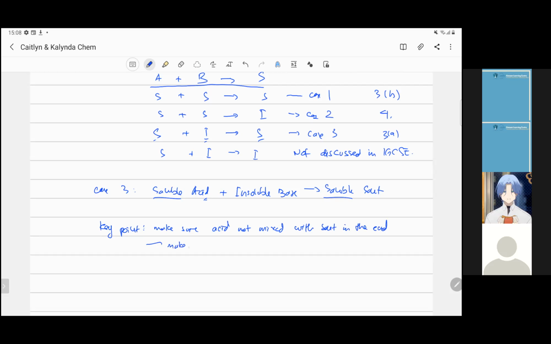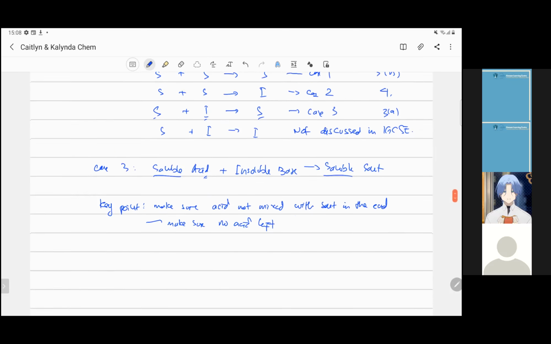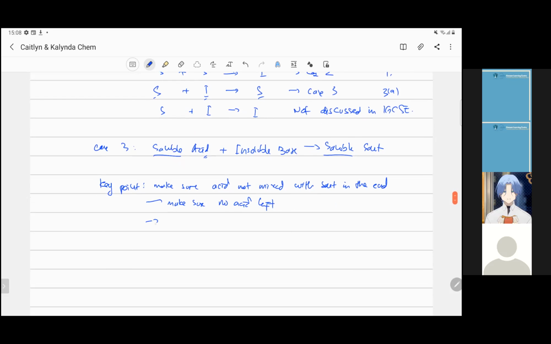Make sure no acid is left. How can we do that? By making sure the insoluble base is in excess. This is the key.